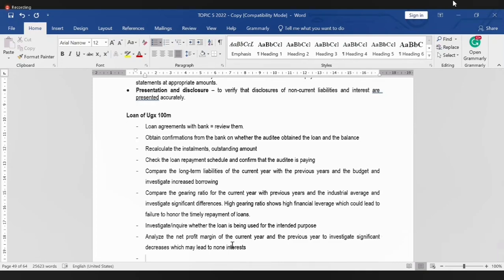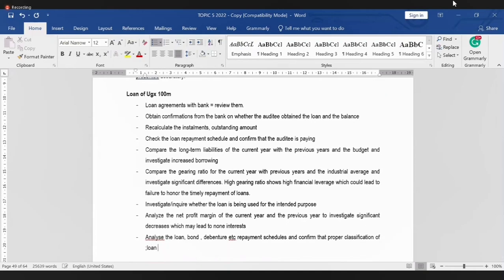You get it. Also, I'm going to analyze the loan repayment schedule, the bond, debenture, etc. repayment schedules, and confirm proper classification of loans between current and non-current components.